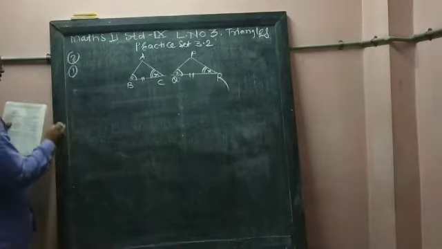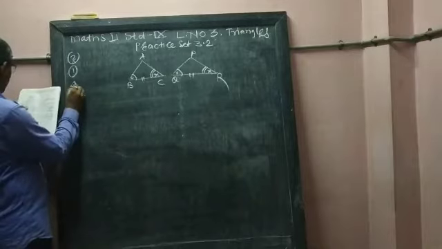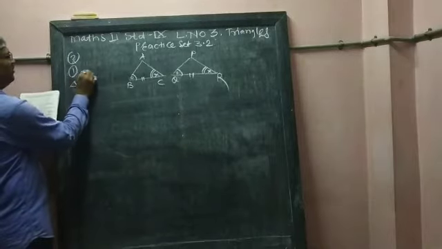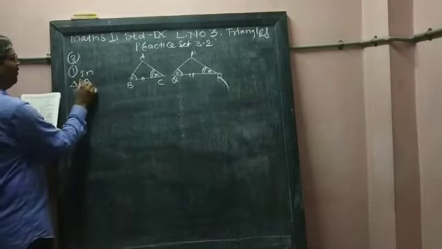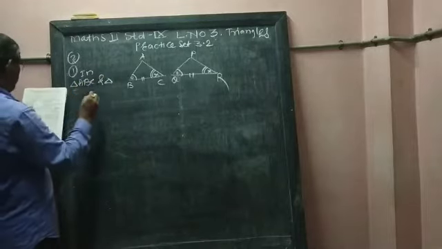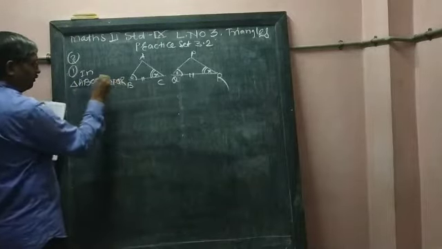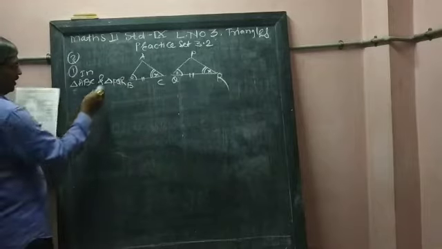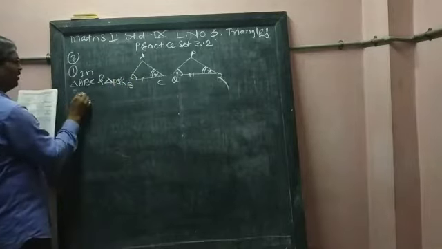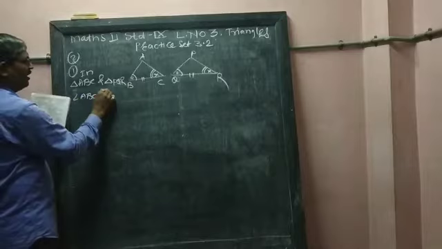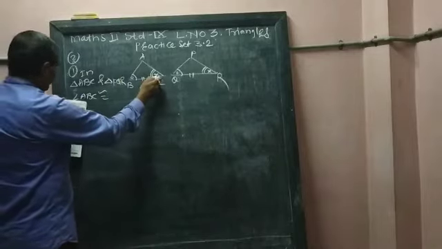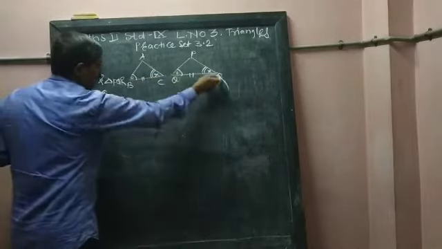So I will write here: in triangle ABC and triangle PQR, angle ABC is given congruent to angle PQR.